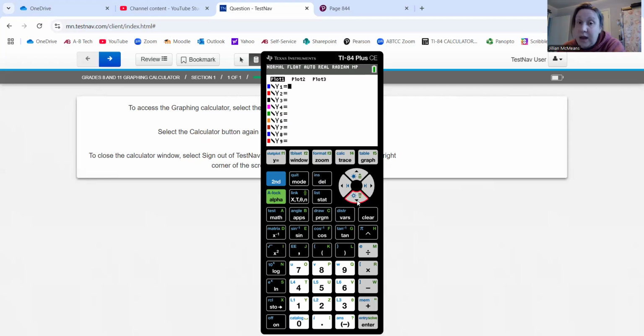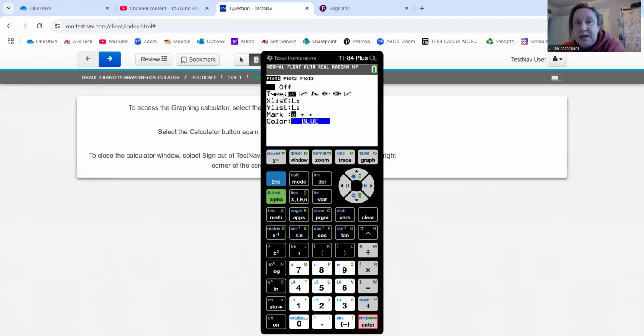The other way you could do this is, let's say you were in that stat screen again. Instead of just going to Y equals, notice the Y equals button says stat plot. I could go second Y equals, and it takes me to that screen. You can see here that I have plot 1 on, but it gives you more information. I'll hit enter for plot 1.